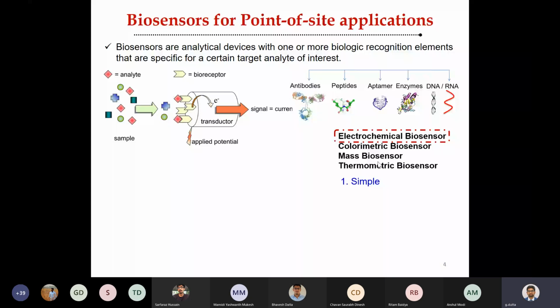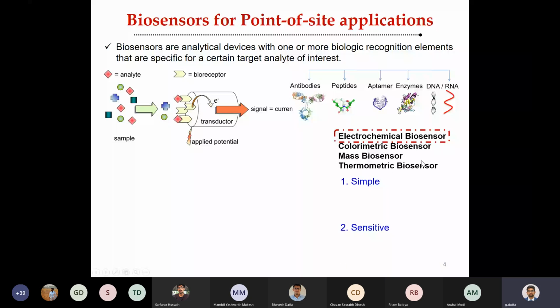Why? Because the electrochemical sensor is a very simple technique, and by using it we can easily develop a sensor device that can be useful for point of care. From the beginning I have been saying our course name is point of care biosensor. That's why I am trying to focus on the electrochemical technique.